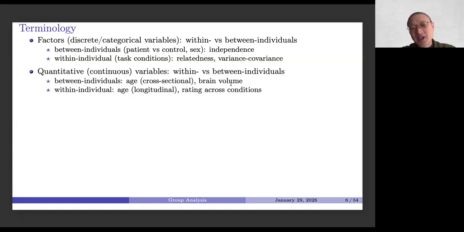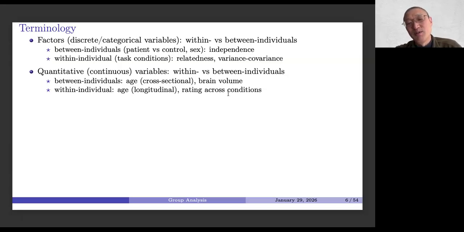Other typical ones are reaction time, or brain volume, or cortical thickness, for example. Each individual has a unique number. Then for within-individual, if it's a longitudinal study, age can be a within-individual variable. It's a quantitative variable.